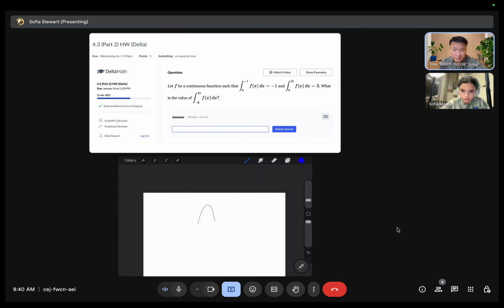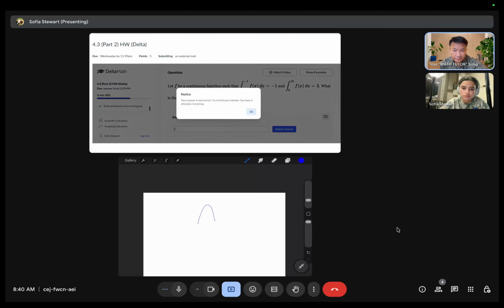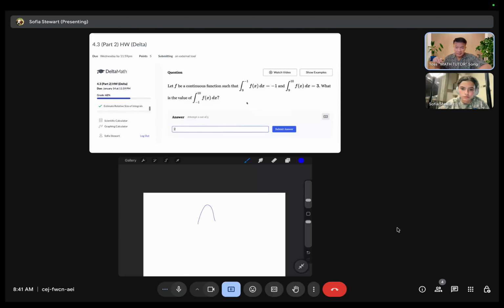You can do another one here, same, but double check. Is it going from one end to the other? Negative 1. Yeah, there's something that happened at the 9 as a cut, but you still combine them all the way to 10. So the answer is going to be 2. Wait. Let's see what's up with this one. Double check. Continuous function from 10 to negative 1. What is the value of that answer?